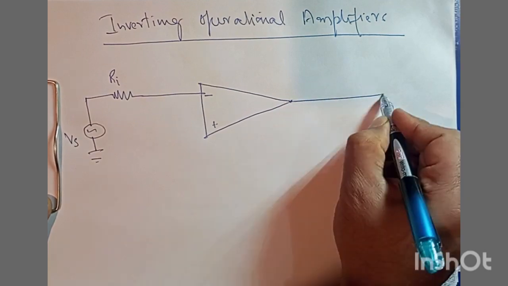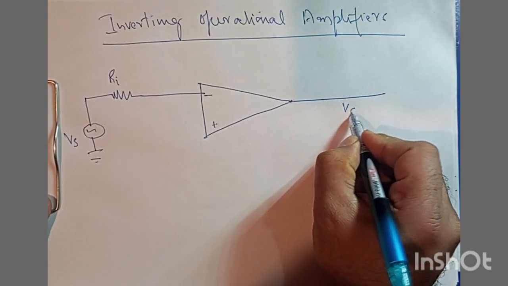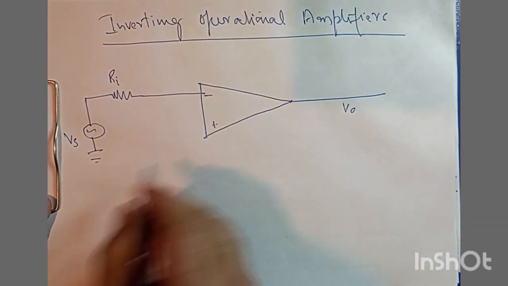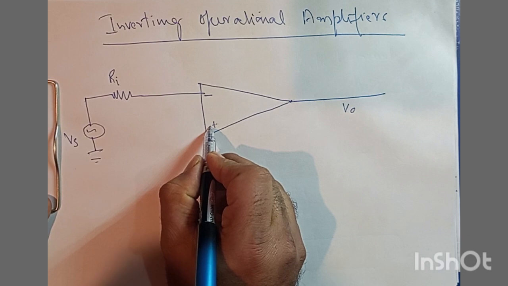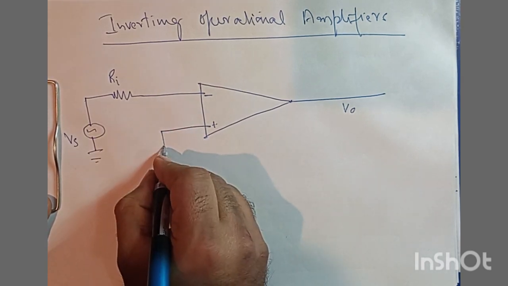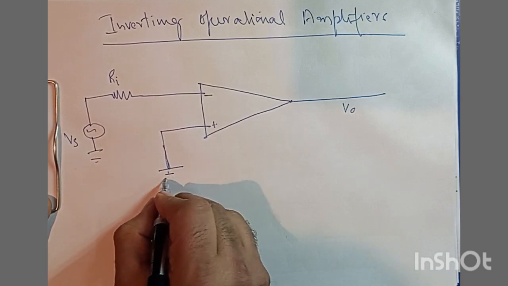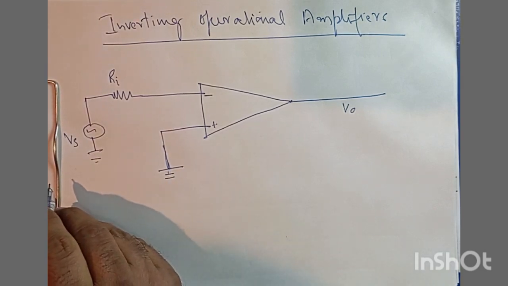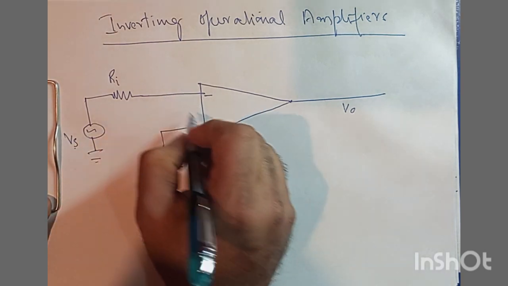This operational amplifier has an output. Let us assume that output is Vo, and it has a non-inverting terminal here, and we would like to ground this non-inverting end of the operational amplifier, and the voltage of the signal is Vs.